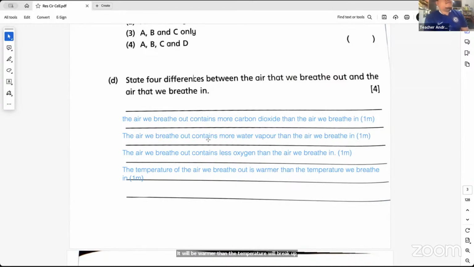You are saying that if the air we breathe in is 40 degrees Celsius, then wouldn't the air be warmer than the body temperature? All right, for this case, this is a secondary school topic. For a primary school setting, we will take it as room temperature. So maybe I will just adjust accordingly. So at least you understand, it's warmer than the temperature we breathe in at room temperature.